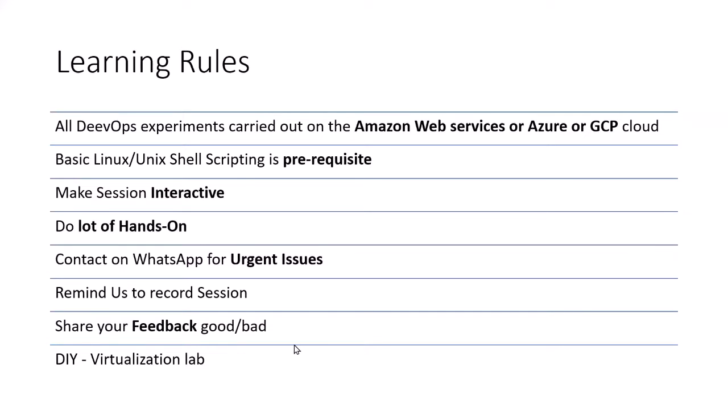No other sharing will happen in that particular group. It's like a community where we are going to discuss all the issues related to DevOps. Okay, and for virtualization labs, we are going to work with two options. Vagrant and VirtualBox we are going to use to create the virtual labs on your laptops. Okay, so these are the high-level learning rules I would like to share with you.